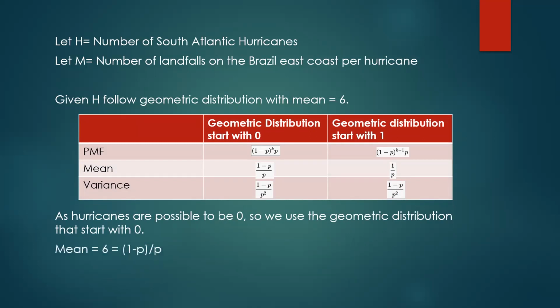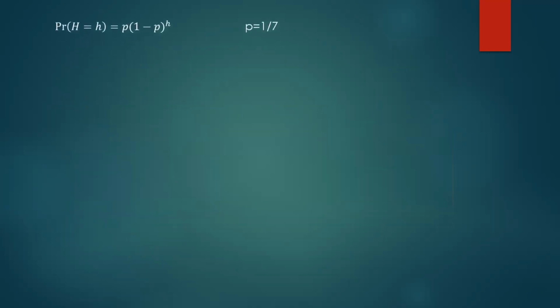Given that the mean equals 6, so 6 equals (1 minus p) divided by p. So we get p equal to 1 over 7, which is the probability of success. Next, we can write down the PMF of the hurricanes, which is probability of H equal to h is p times (1 minus p) to the power h, where we already know p equals 1 over 7.